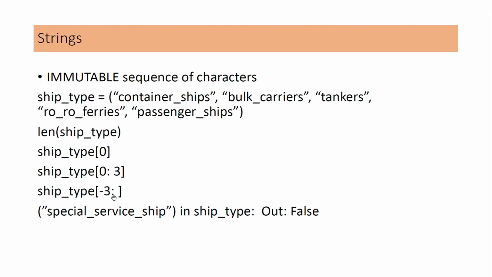So ship_type[-3] counts backward by 3. And if you check whether a special service ship is in the ship type, the result is False. So a string is not mutable, so it's called an immutable sequence of characters.